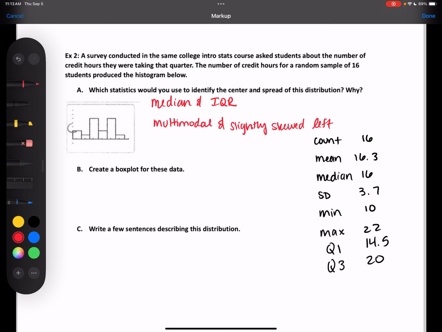All right, create a box plot for these data. The first thing that I really need to do before I can do that is find my IQR, so that I know exactly what's going on. So IQR is Q3 minus Q1, which in this case is 20 minus 14.5, which is going to be 5.5.